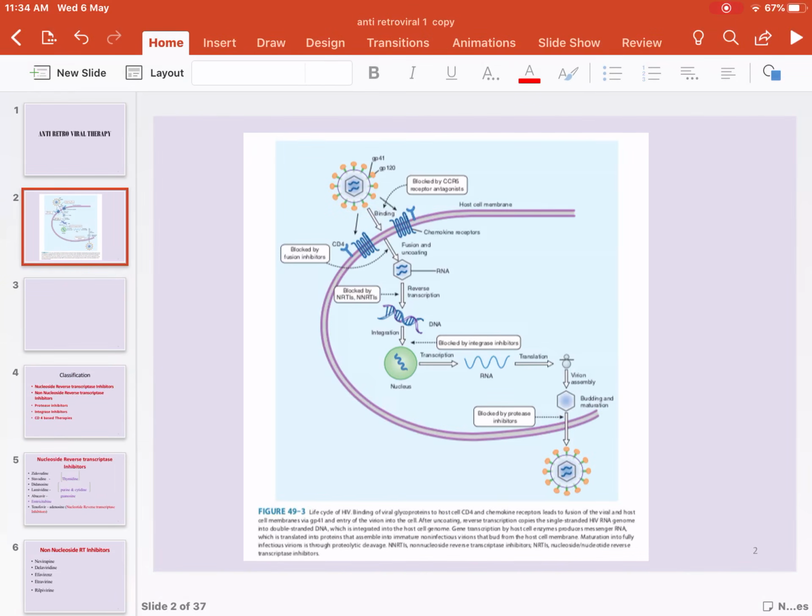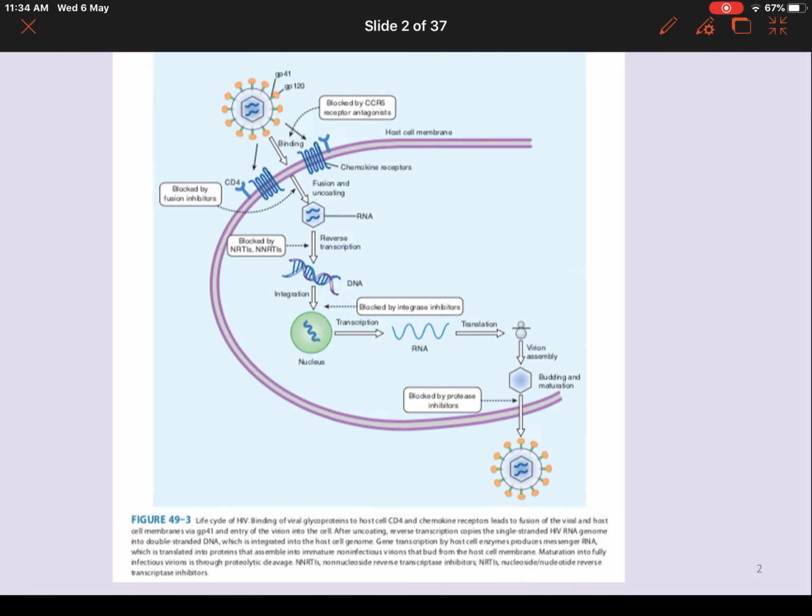How does a retrovirus or HIV virus replicate? First, the HIV virus binds to the host cell using certain chemokine receptors like CCR5 and CD4. After this, the capsid gets dissolved, releasing the RNA.